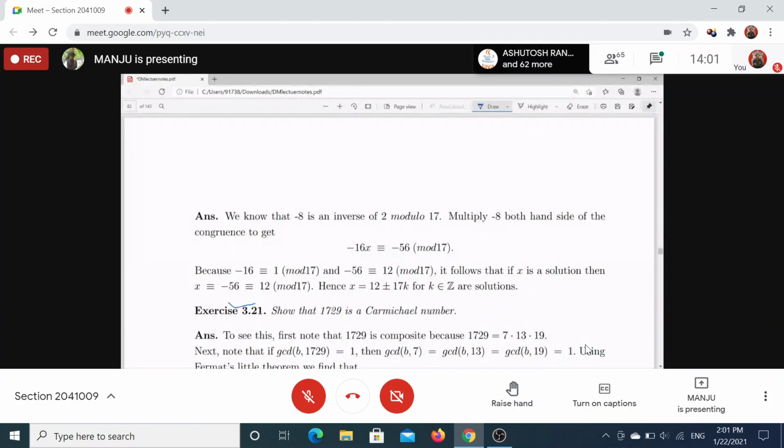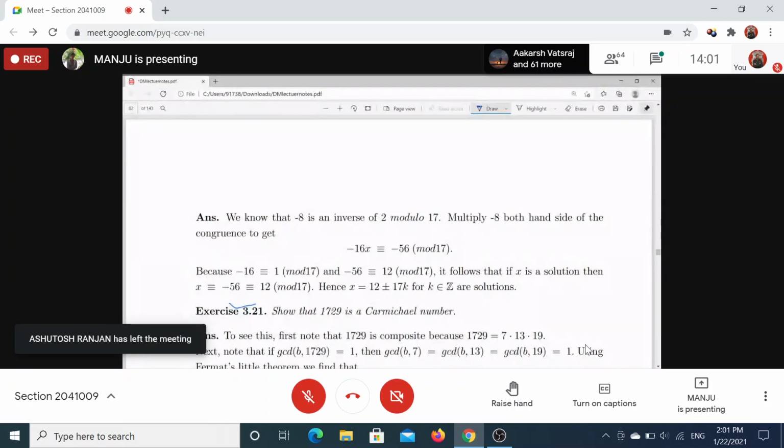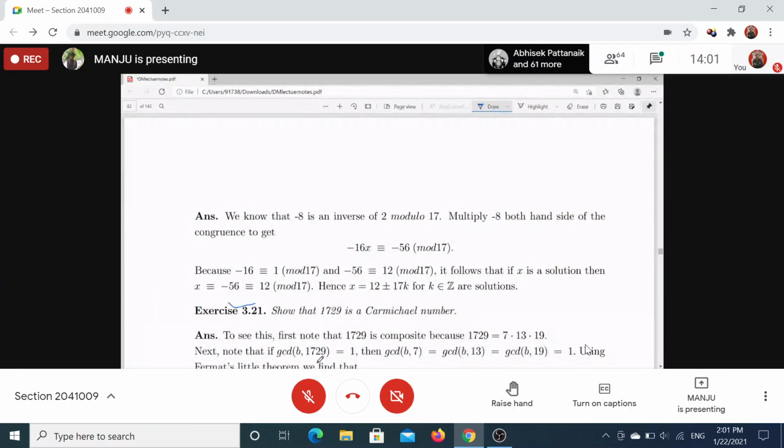So yesterday, we discussed Carmichael numbers, right? And we proved 561 is a Carmichael number. I gave you this exercise. Any doubt on this one?